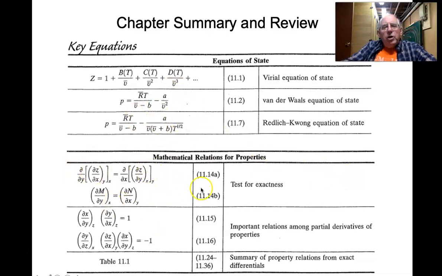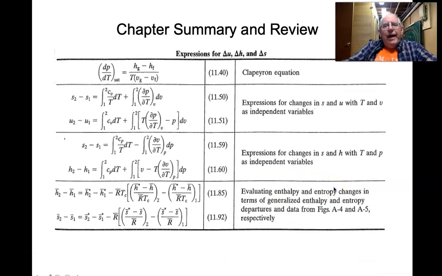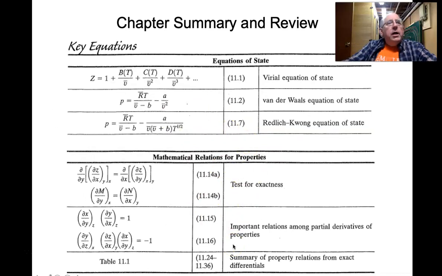We then looked at the effect of assuming a thermodynamic property could be written as an exact differential, and that allowed us to obtain a series of relationships with respect to those variables, and that then allowed us to determine all of the Maxwell relationships, and showing the interaction between all of the defined type of properties such as enthalpy, internal energy, entropy, and how they're related to the measured properties such as temperature, pressure, and volume, as well as mass.